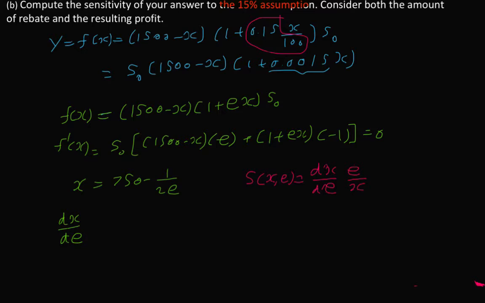So now find dx over de. According to this, dx over de equals 1 over 2e squared. Therefore, we can write the sensitivity S x,e equals dx over de, 1 over 2e squared, times e over x.